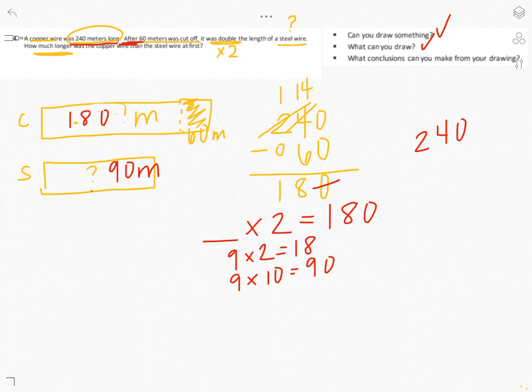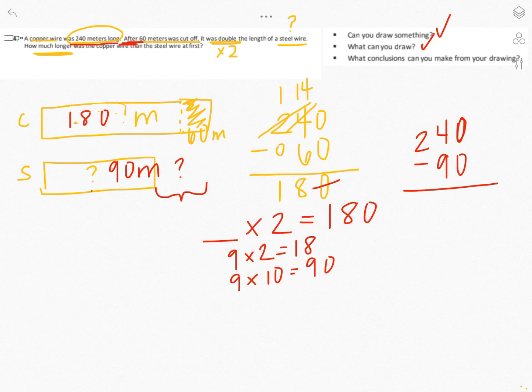That was the beginning for my copper. While I know that my steel wire, they never really told us what it started as, but that's what we ended up solving for, ended up as 90 meters. So I want to know how much longer. I'm looking for this missing section.